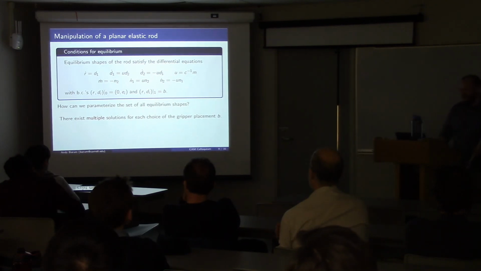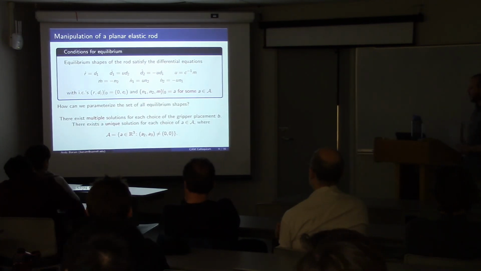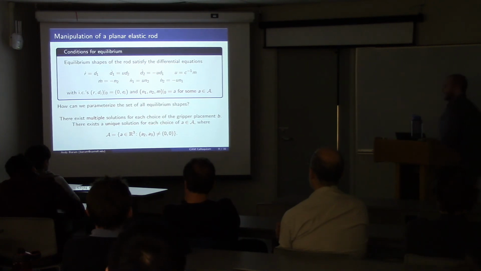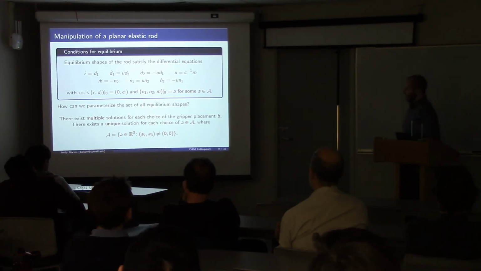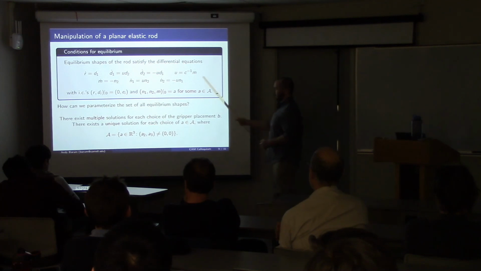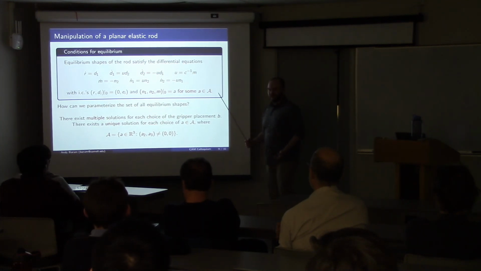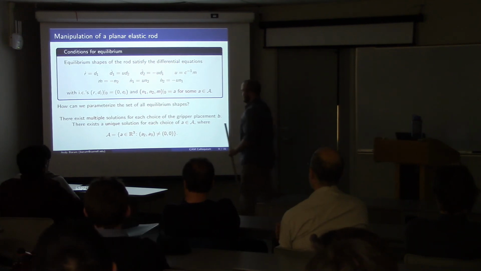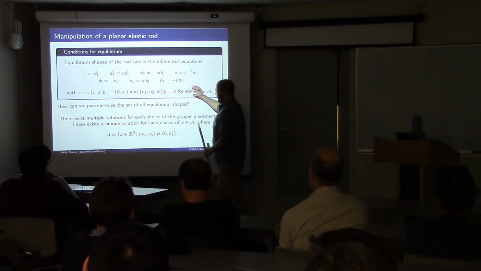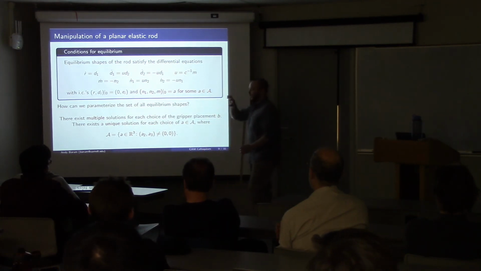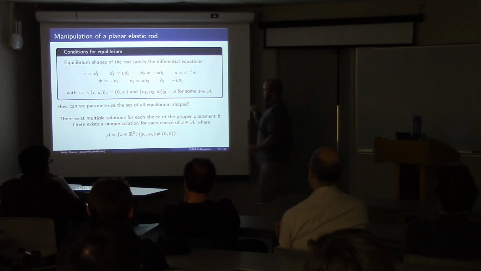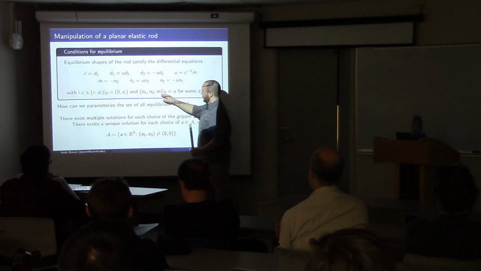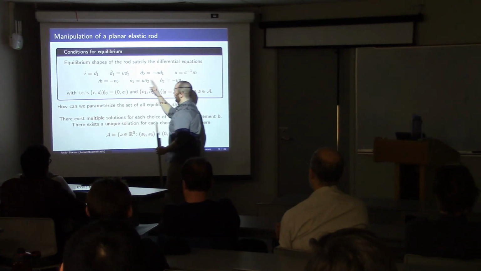What we learn in a differential equations course is that if we specify an initial condition, as long as these equations here satisfy some continuity conditions, then we'll get a unique solution. So instead of specifying the boundary condition for the robotic gripper at the end, we're going to specify the initial condition for the moment and the two forces.